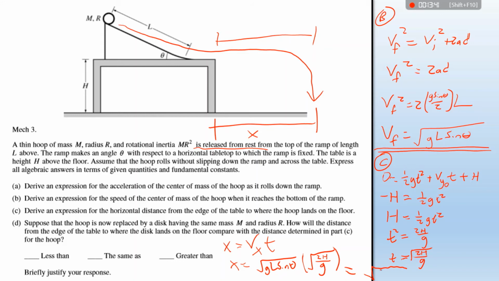Square root 2HL sine theta. Okay, root 2HL sine theta is equal to my horizontal displacement from the edge of the table when we hit the ground. Awesome. Any questions on what we did for B or C? Nope.